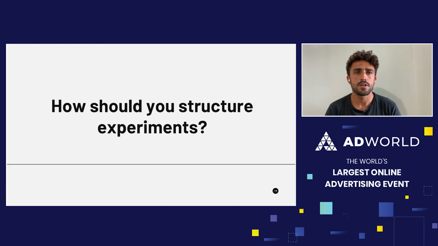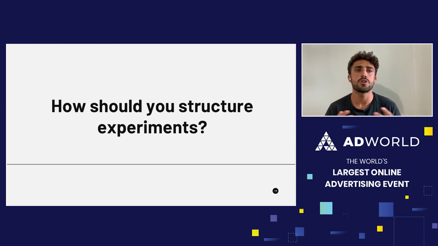And I think the reason why it's my favorite is because it's something that I don't see a lot of people talking about, but it's definitely the most important part of running experiments. And it's also the biggest mistake I see whenever growth professionals and marketing professionals are running experiments. People don't structure them in the proper way, so the learnings that we get are not as clear as they should be.